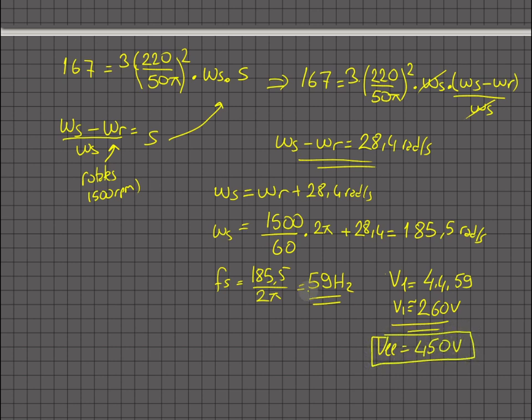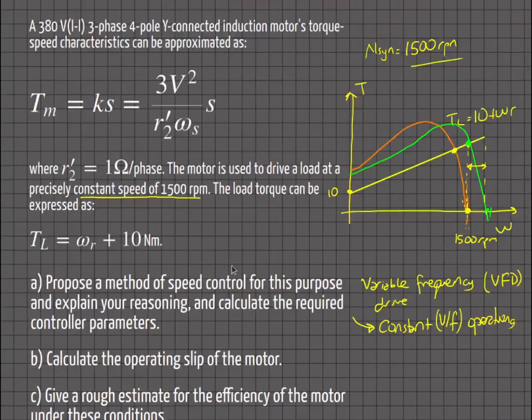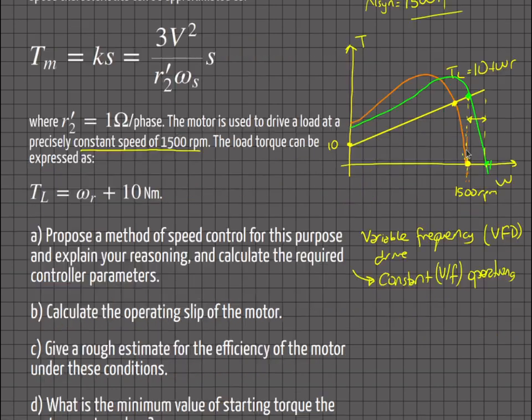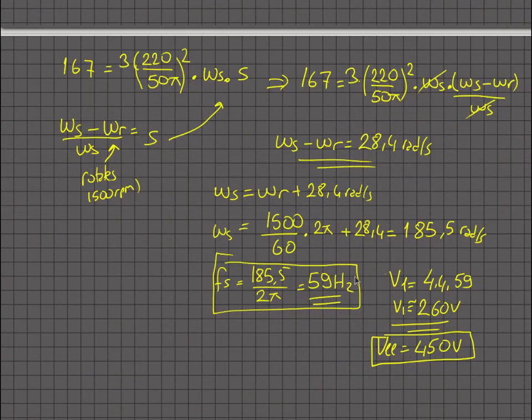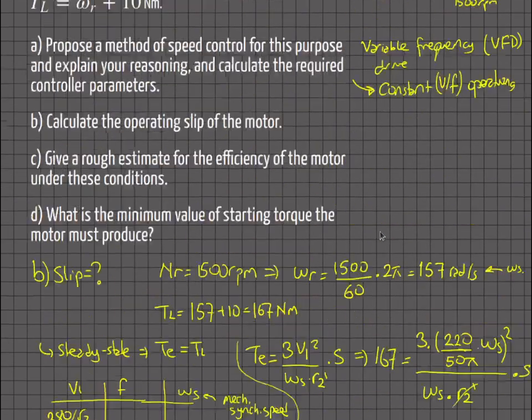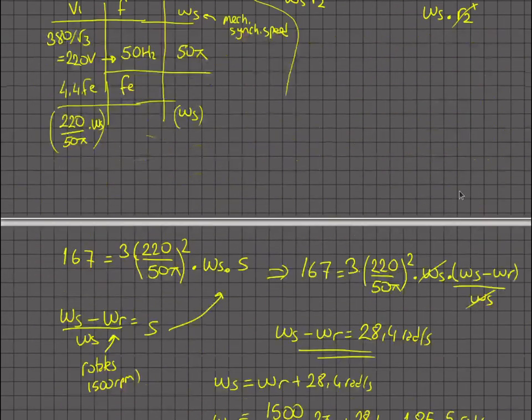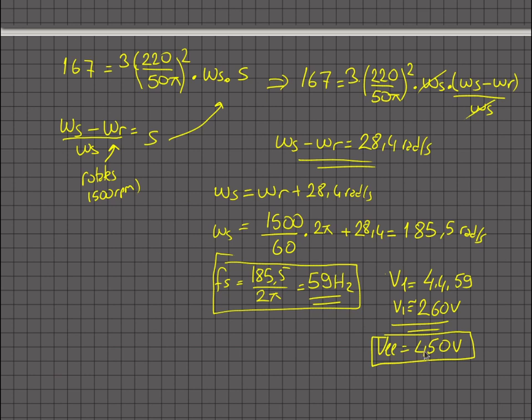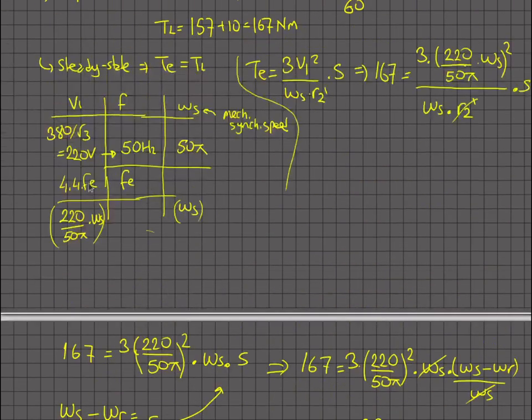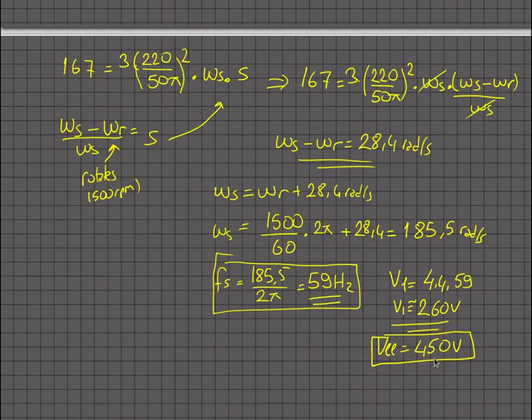So if I am applying 380 volts at 50 hertz, in order to increase the speed precisely to 1500 RPM, I need to apply 59 Hertz. And if this is constant V by F operation, I'm applying 59 Hertz, so 380 multiplied by 59 divided by 50, or that ratio of 4.4, and you can find 450 volts. And let's calculate the slip.